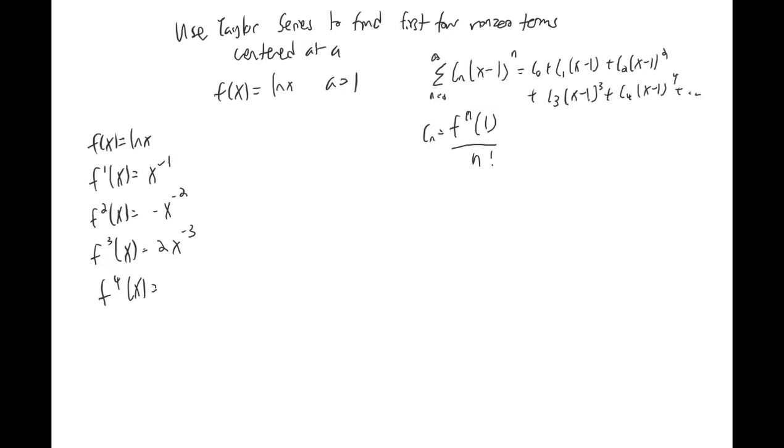That gives -1 over x squared, then 2 over x cubed, then -6 over x to the 4th. At this point, f of 1 is 0. f1 at 1 is 1, because 1 to any power is just 1, so we'll use that to our advantage. f2 at 1 is -1.